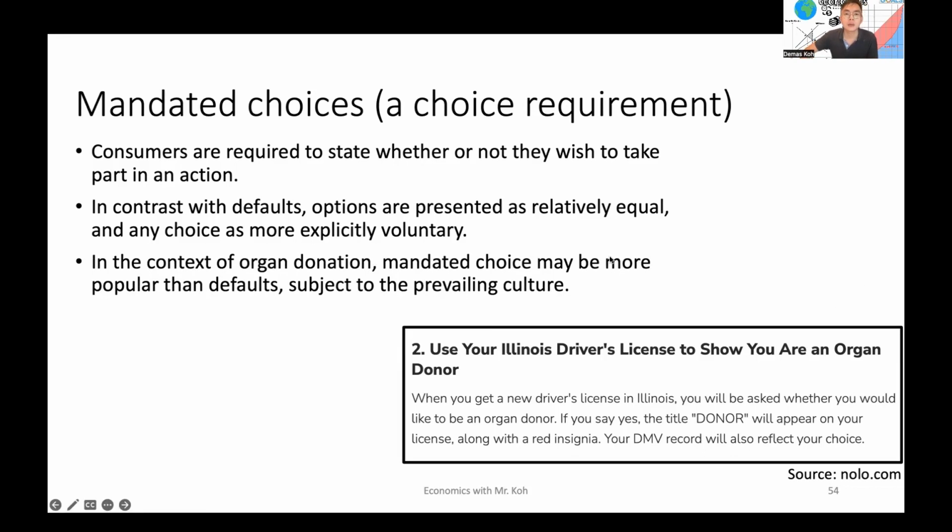So mandated choice may be more popular than default. So Singapore uses a default option compared to this American example. So it's slightly different in terms of the choice architecture.